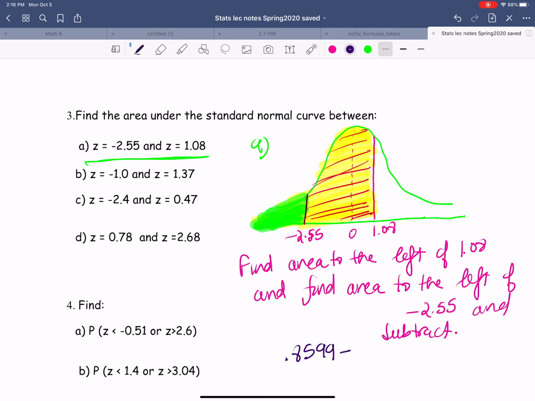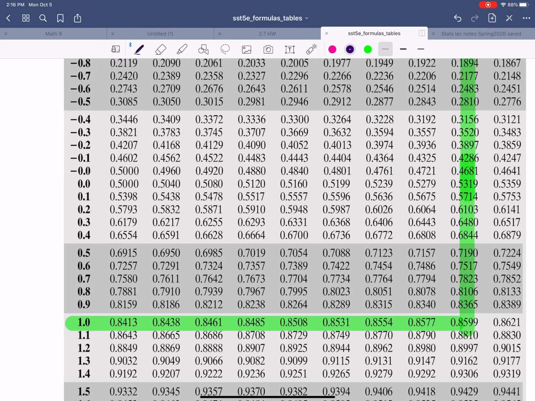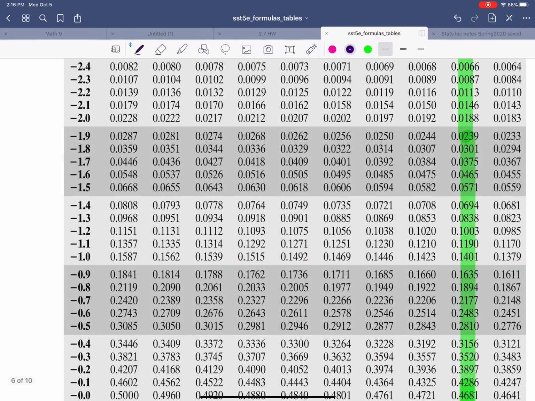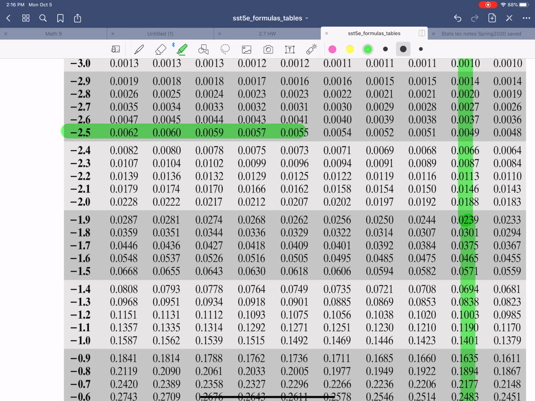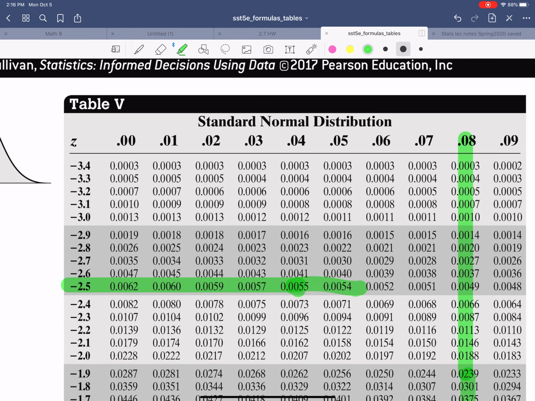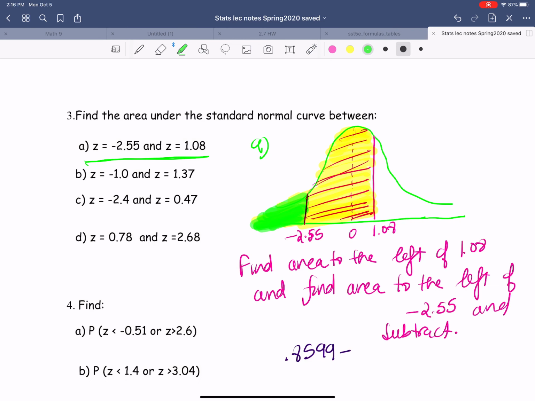Now I want the area to the left of negative 2.55. Negative 2.55 is here, which is 0.0054. So minus 0.0554.